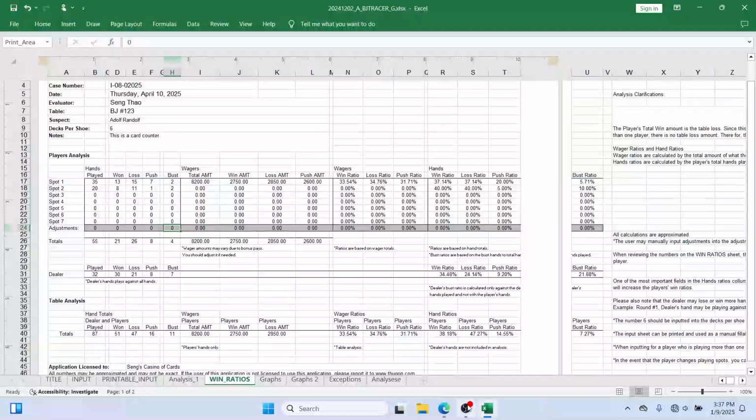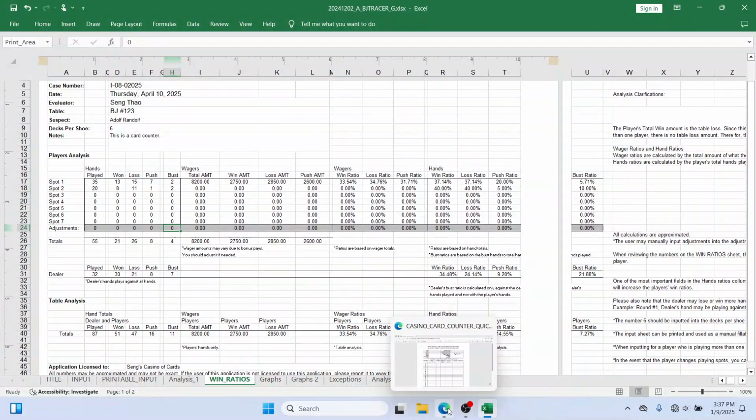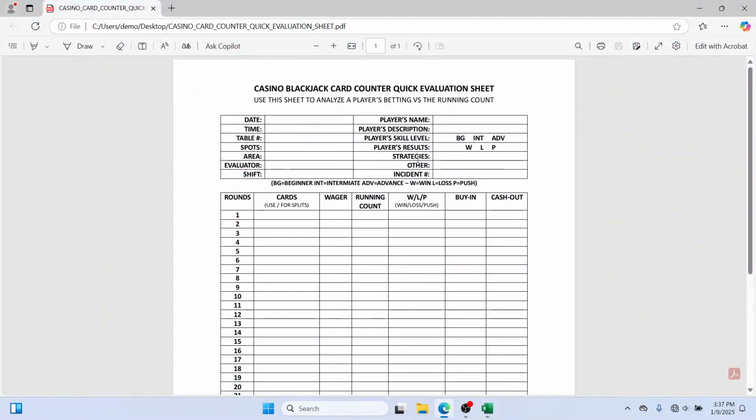Okay, so in the older days, when we were using the strip sheet here, you can see the complications. It's very tedious to put down all the cards and wagers, and then manually calculate the counts, win, loss, and push, and then manually calculate the winning ratios and everything else. So it takes a lot of time.